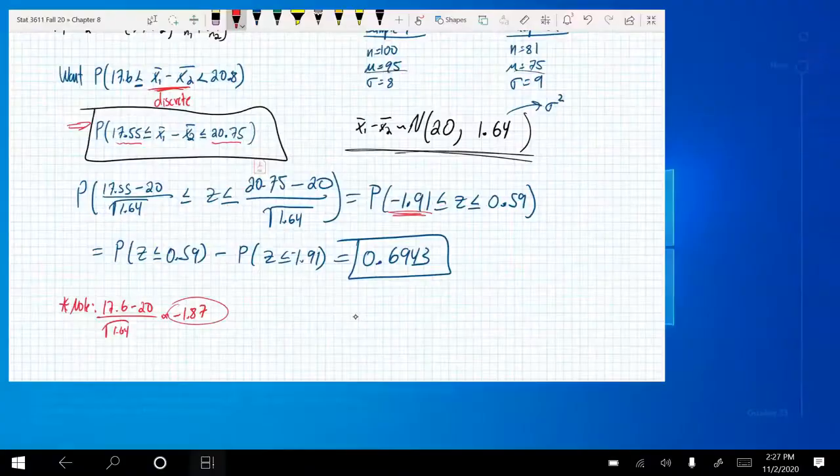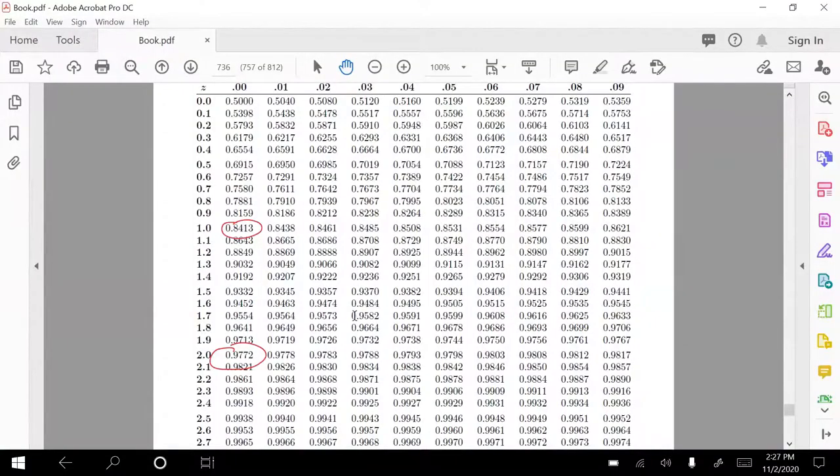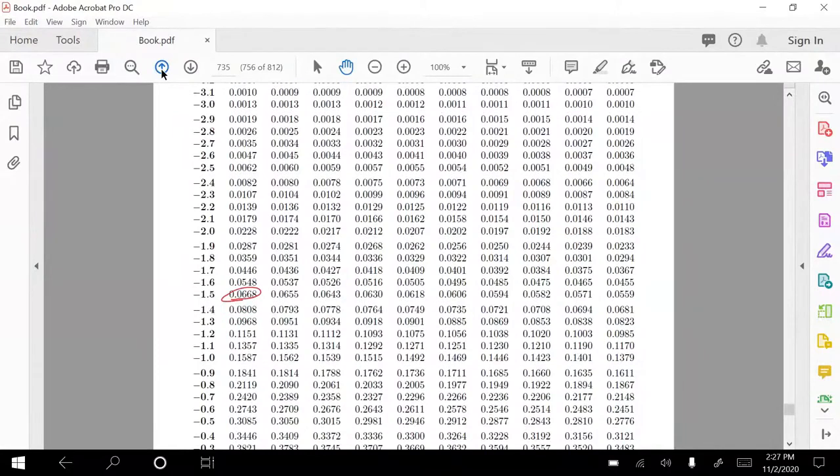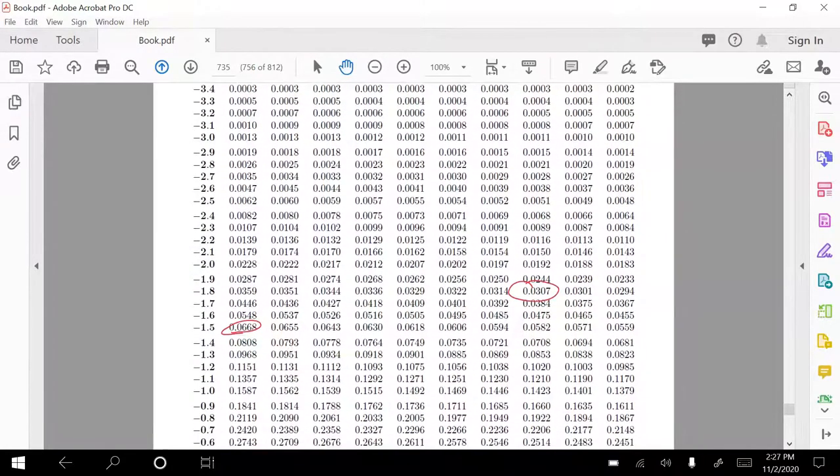Go to the normal table and compare. Negative 1.87 is right there, and negative 1.91 is right there. So we're talking about a difference from 0.0274 to 0.0307.